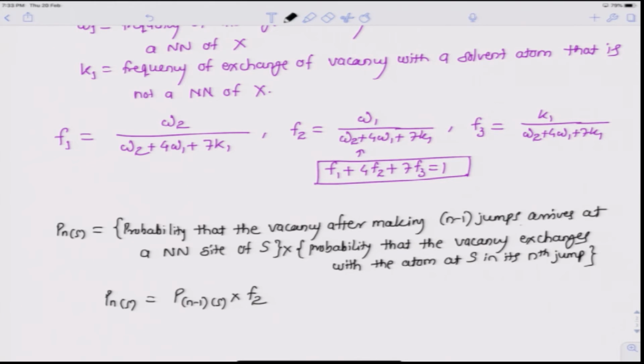So, P(n minus 1) S is the probability that the vacancy after making n minus 1 jumps arrives at a site S.